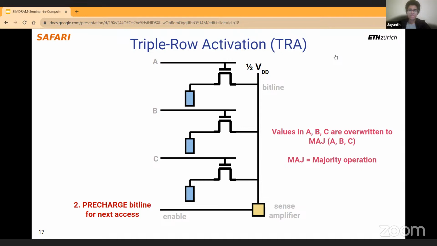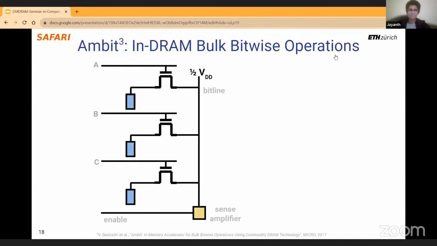Based on this TRA mechanism, Ambit was proposed. Ambit implements in-DRAM bulk bitwise operations, and it is one of the state-of-the-art processing-using-memory mechanisms. By controlling the value in one of the rows in triple row activation, we can implement bitwise Boolean operations.